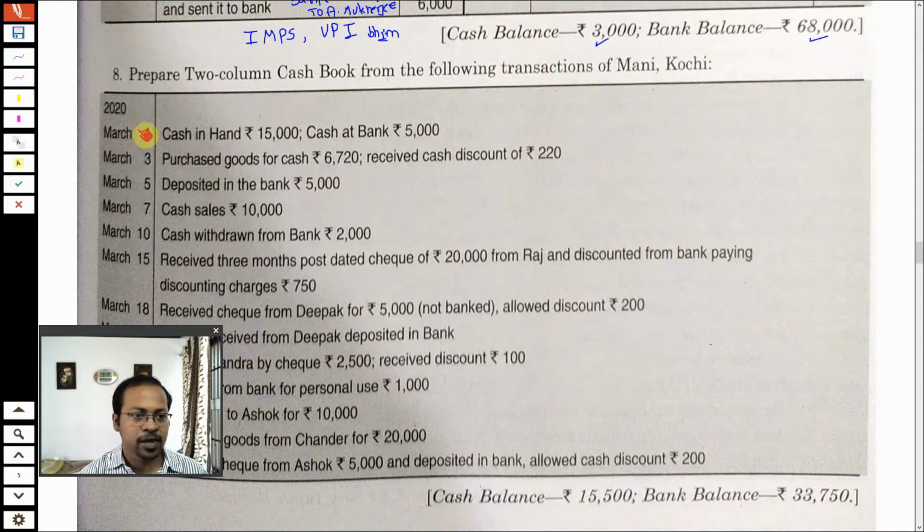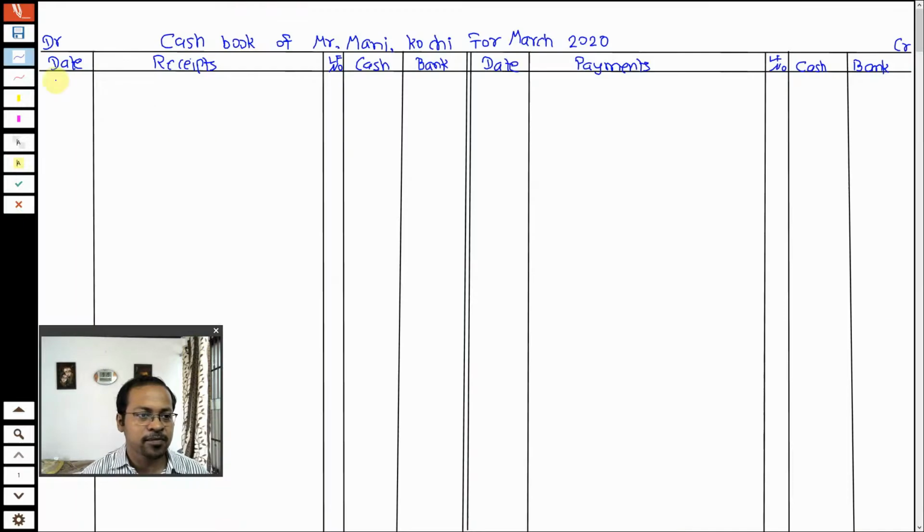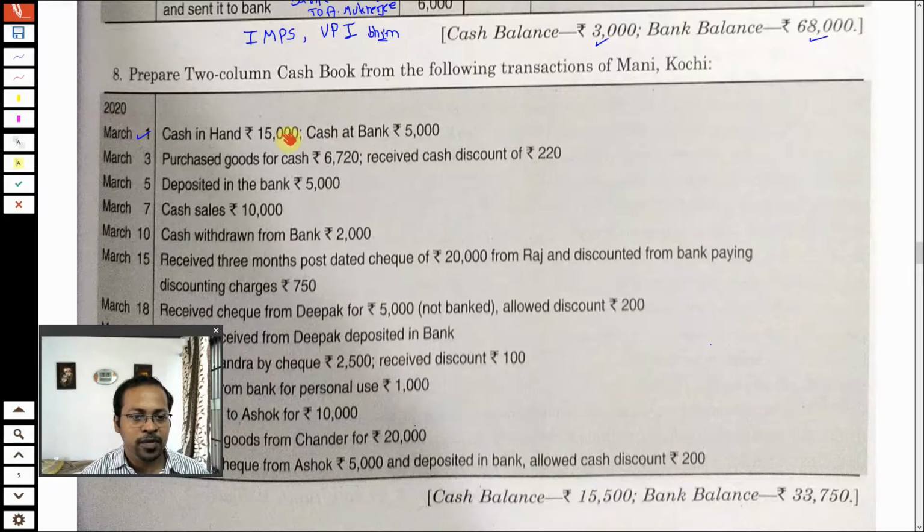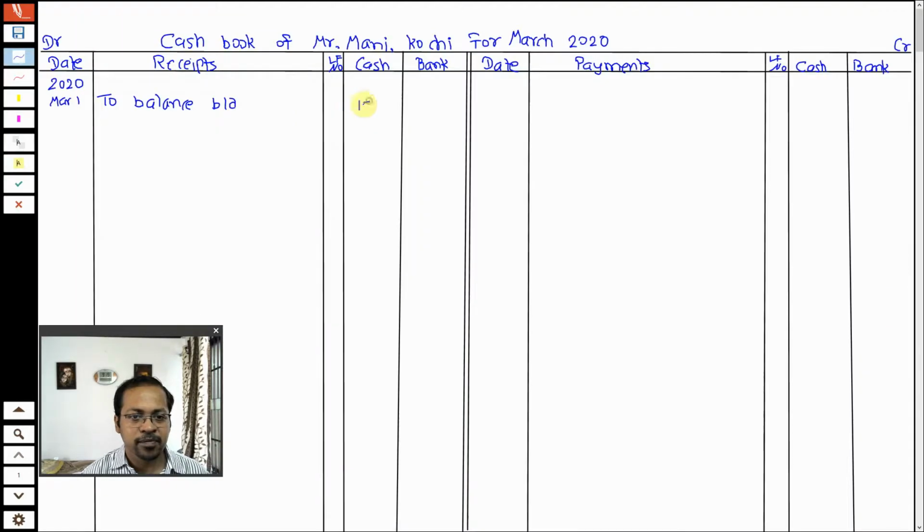Then here we go. On March 1 it is mentioned cash in hand 15,000, cash at bank 5,000. So it is the opening balance: 2020 March 1 to balance brought down: cash in hand 15 and cash at bank 5.